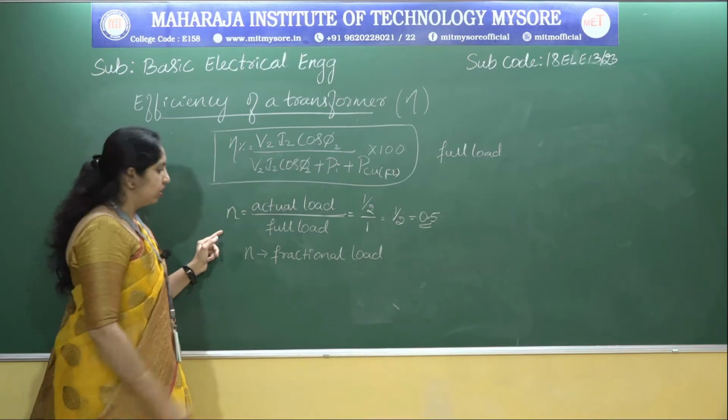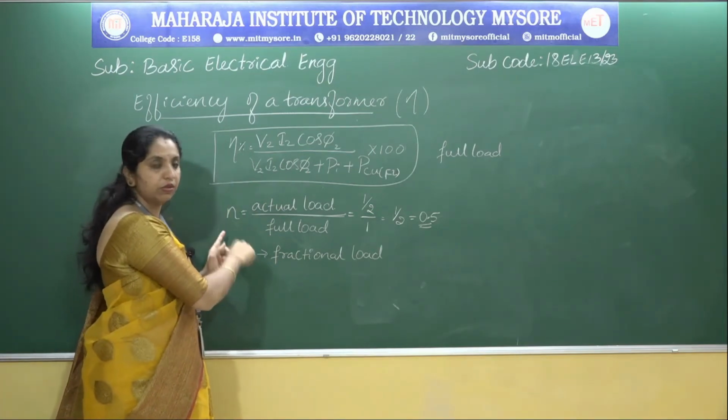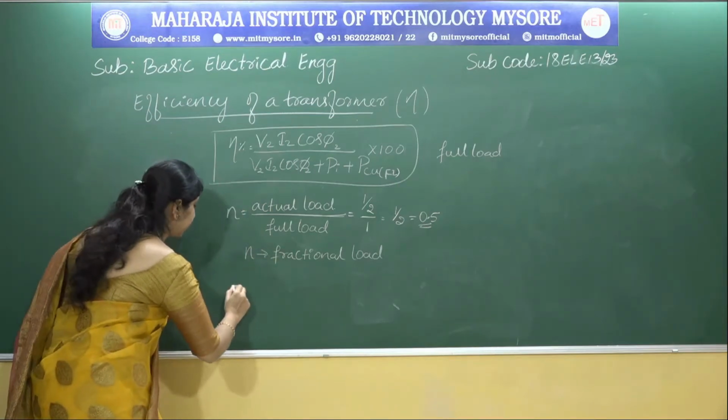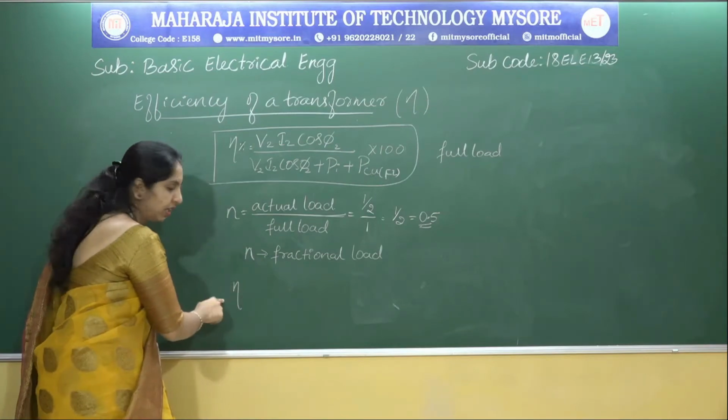Fractional load. With the help of fractional load, can't we define the efficiency? Of course, we can define the efficiency in terms of the fractional load. Remember, this is n and this is eta.